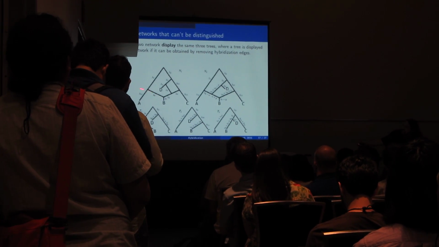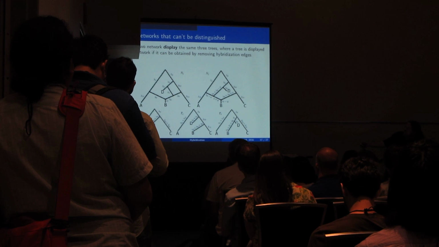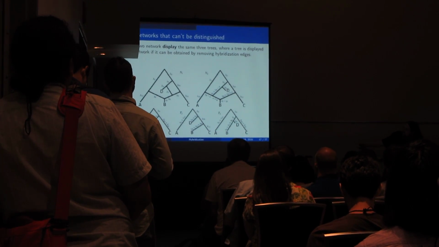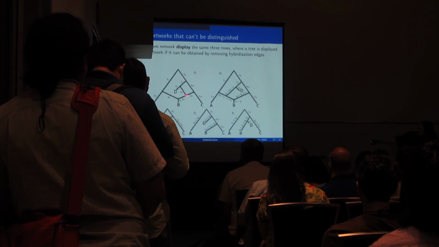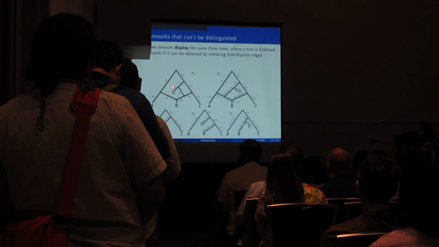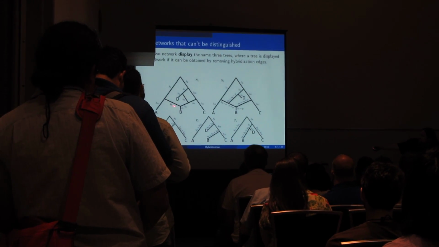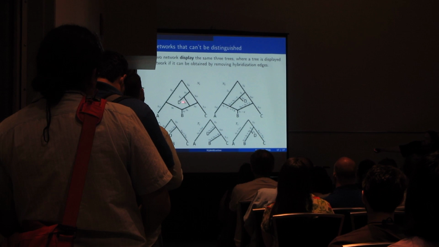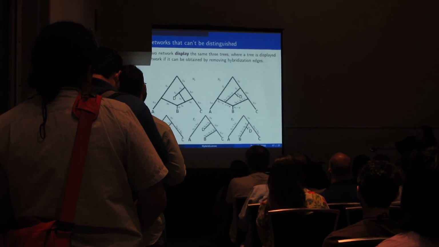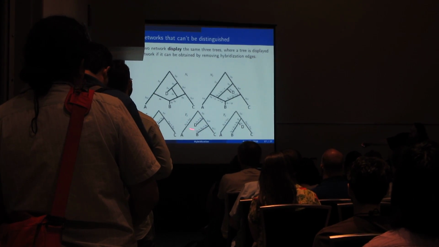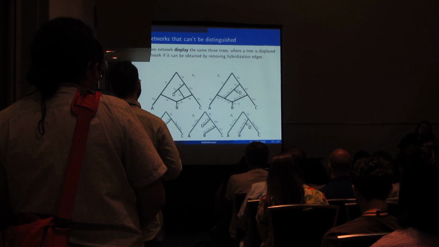If we remove this hybridization edge instead, then we end up with one of these two trees, and we would also have to remove one of these two hybridization edges. So if we remove this hybridization edge and this hybridization edge, then B is most closely related to C, and we end up with this displayed tree.